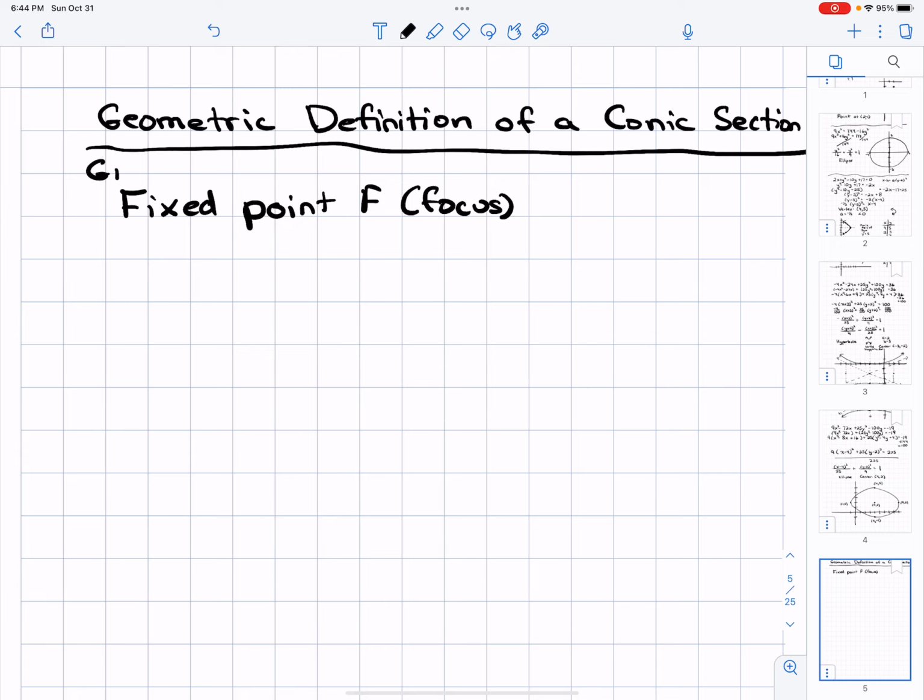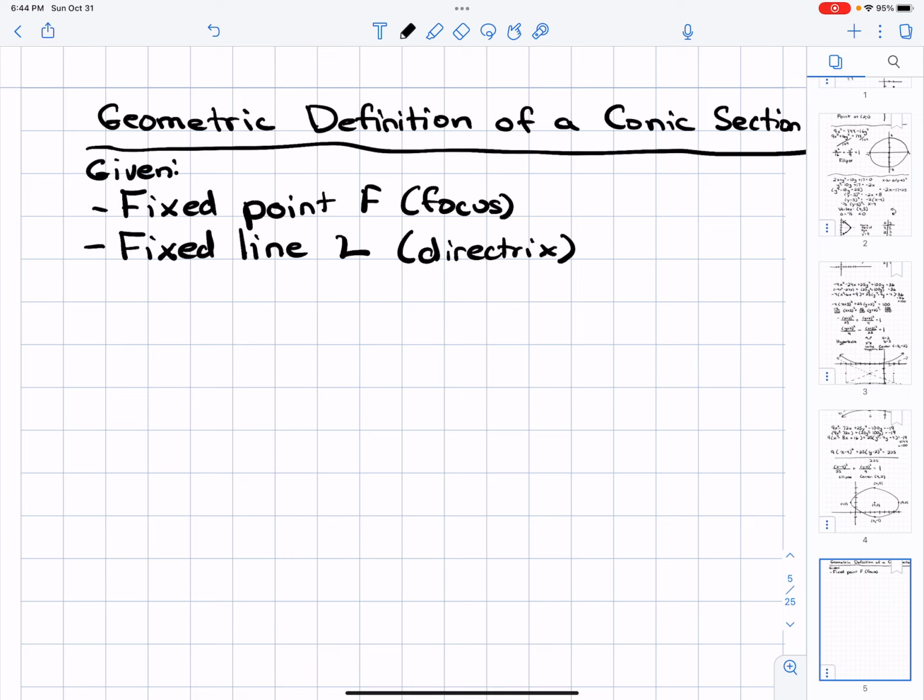It's one of the things you're given. You also are given a fixed line L. That's your directrix. And a positive number E. Remember, this E is not like the E you have in financial formulas, the 2.4, etc. This is E for eccentricity.